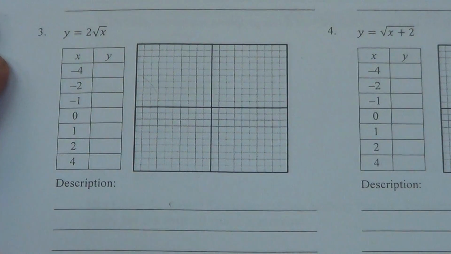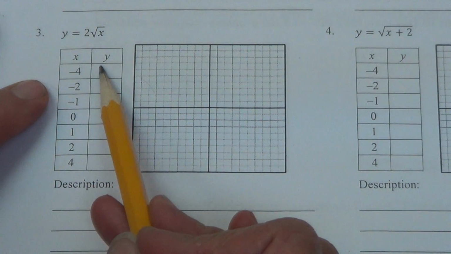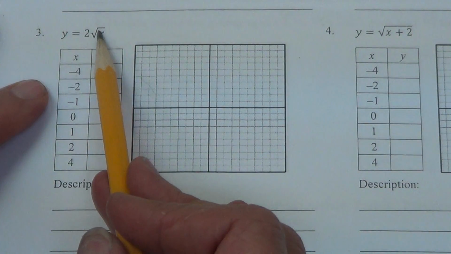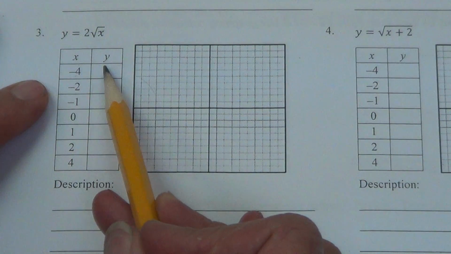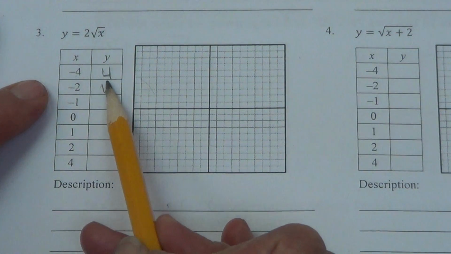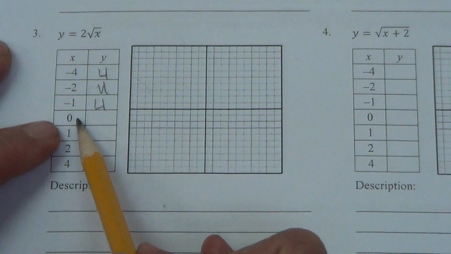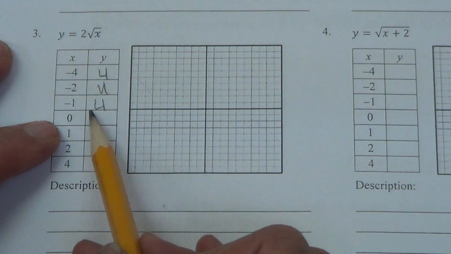Okay. You can either look up above or you can calculate it on your own right now, plugging it in. -4, square root of -4 is undefined. Square root of -2 is undefined. Square root of -1 is undefined. Square root of 0 is 0 times 2 is 0.